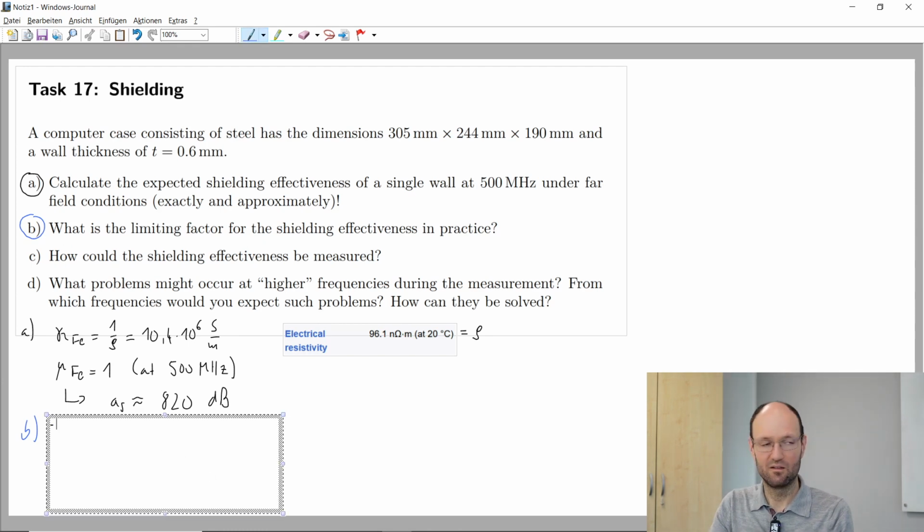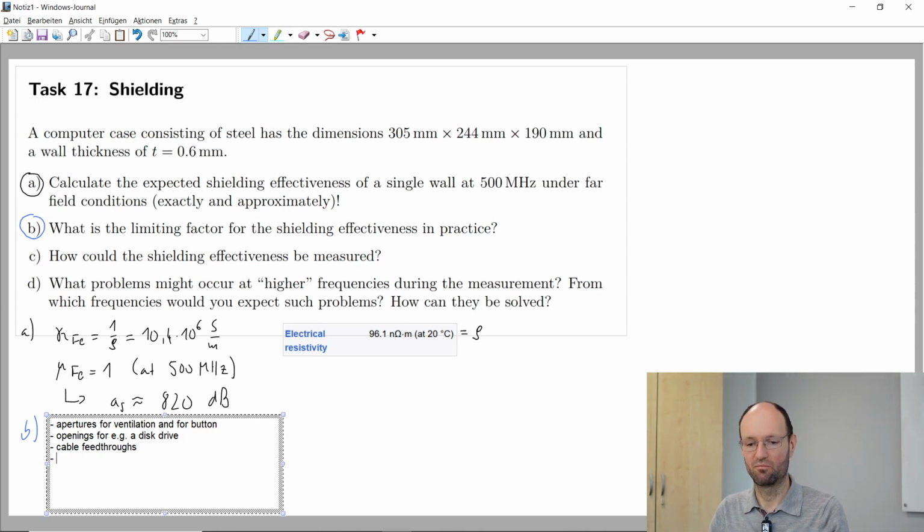So we could say it's apertures for ventilation, for example, and for buttons, openings for e.g. disk drive, cable feed-throughs, and yeah, what else? Do you have other ideas?